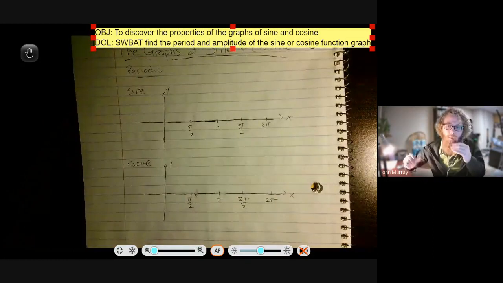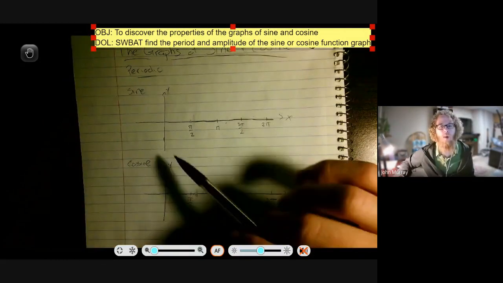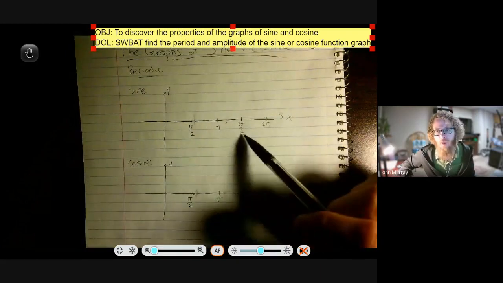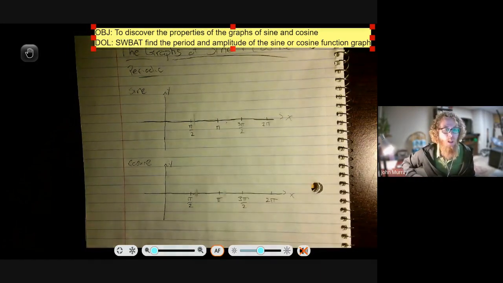All right, so we have the 4 units there that correspond to 90 degrees, 180 degrees, 270, and 360, because usually that's what we consider as one period.